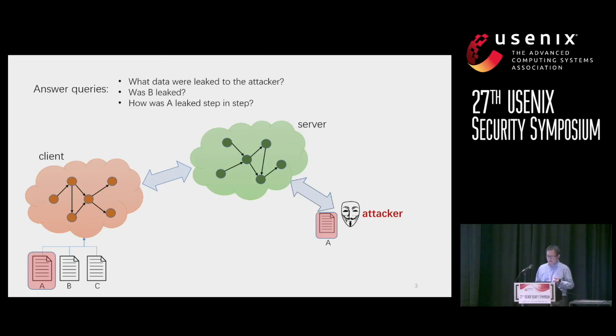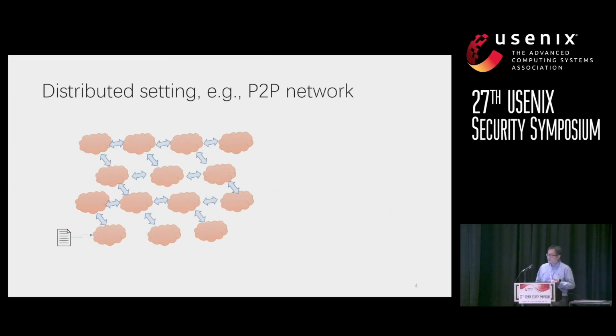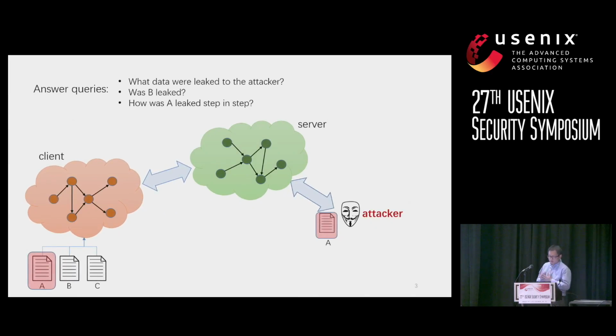In order to answer these questions, we need to first tell that exactly file A has been leaked, without false results like file B or C being reported as leaked, and also we need to find out the data dependencies between these multiple hosts, so that we can analyze them step by step.